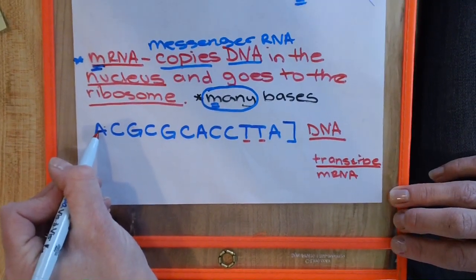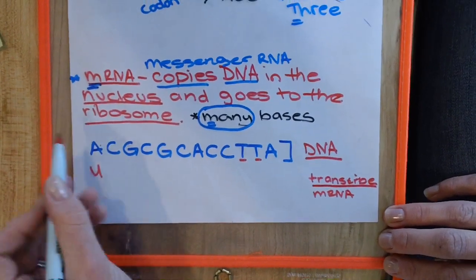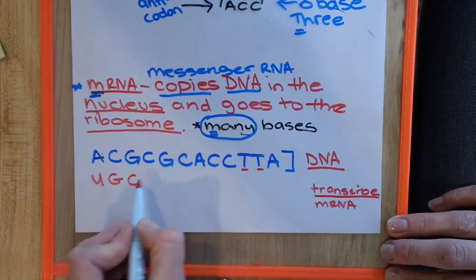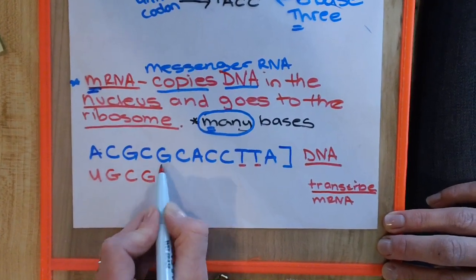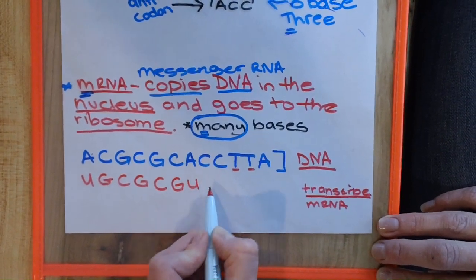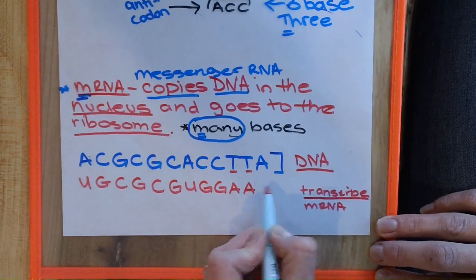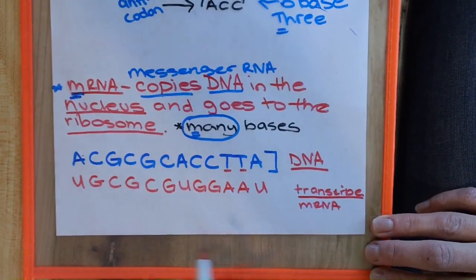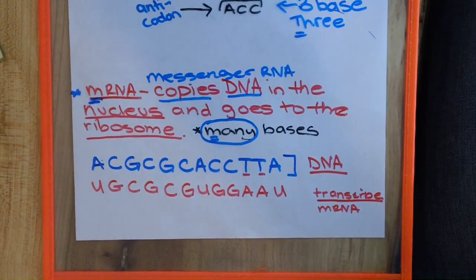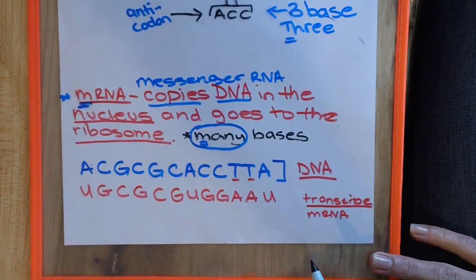Now A goes with U in RNA, not T's. C goes with G. G goes with C. C, G, G, C. And if you notice, I'm just continuing the trend of writing down their complementary base pair. If you also notice, there's no T's in here, just U's. Here now I have many bases, so this is messenger RNA.